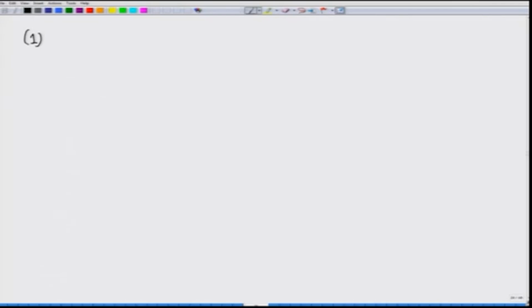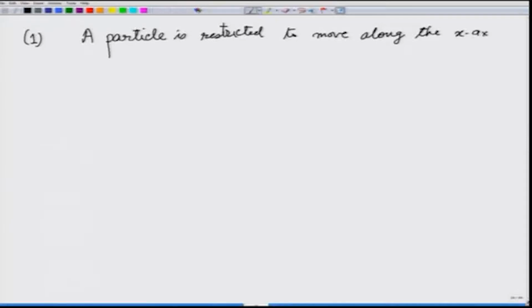is a particle restricted to move along the x axis.